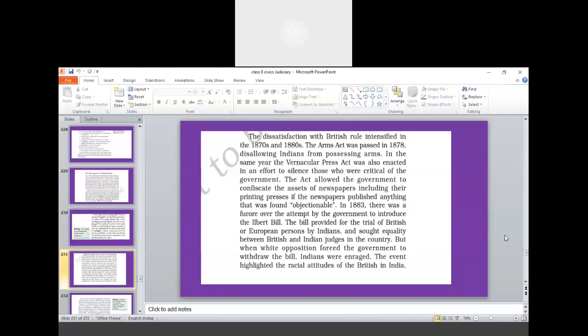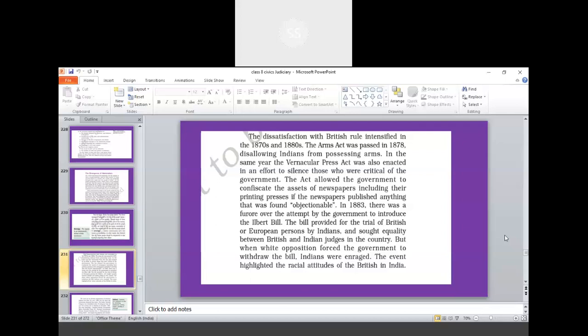That means you are tracking the current developments. Now, actually, what the law says is that whoever is in the seat of judgment, meaning the judge, his caste, religion, or culture should not influence the judgment which he delivers. But here what happened, the British government planned to pass a bill.